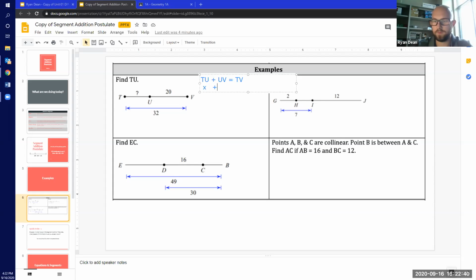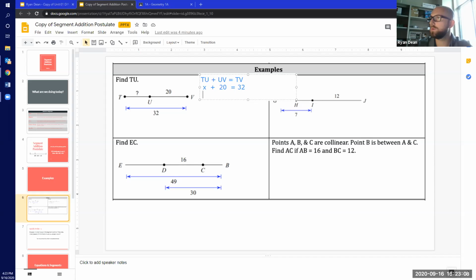So we use X most of the time, and then I come over here. I'm going to plug in what I know for UV, which is 20, and then I set that equal to the entire length, which is 32. And now from this point, what I'm doing is I'm solving for X. My goal is to figure out what X is because X represents TU.